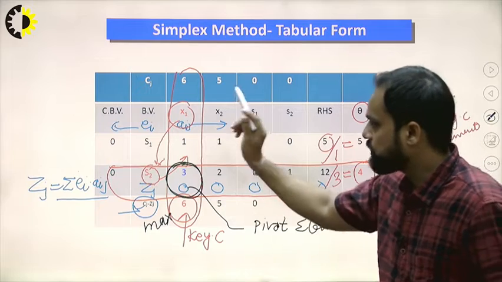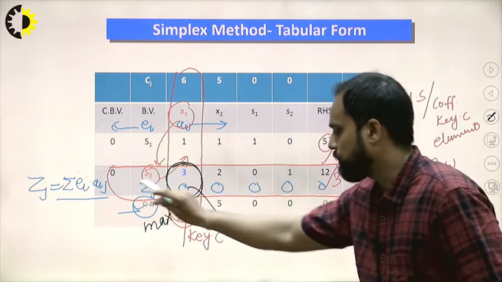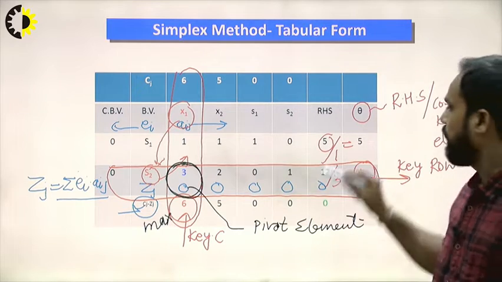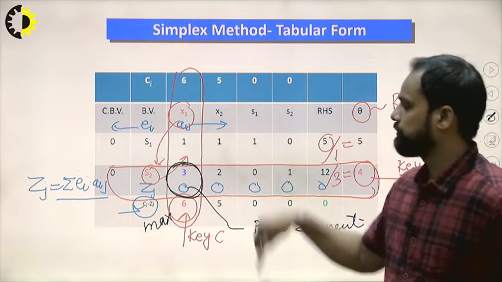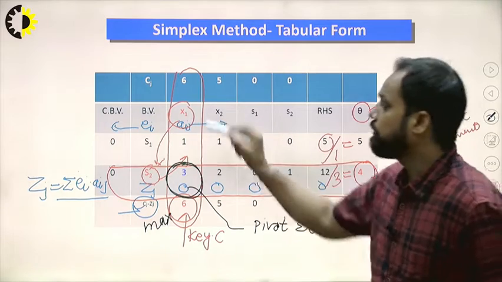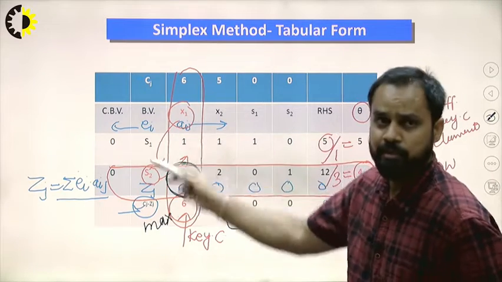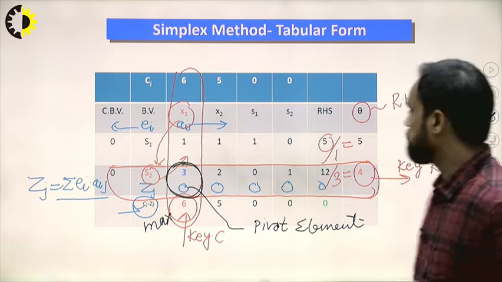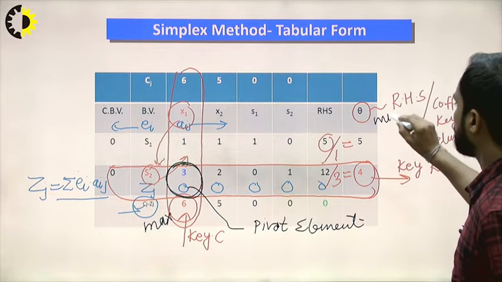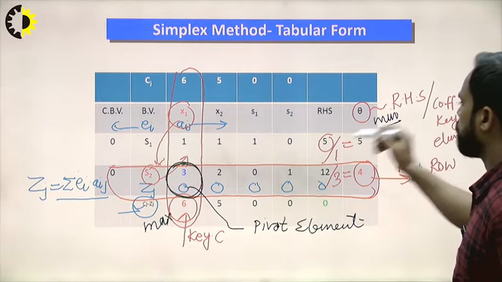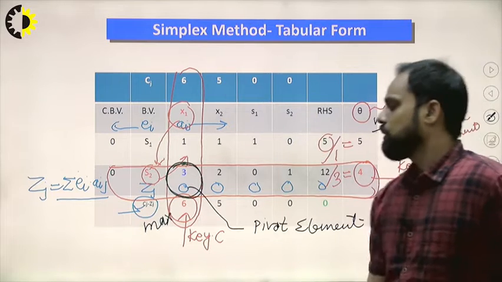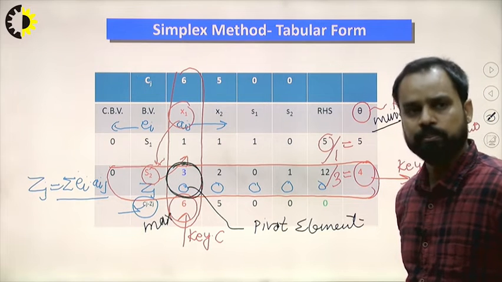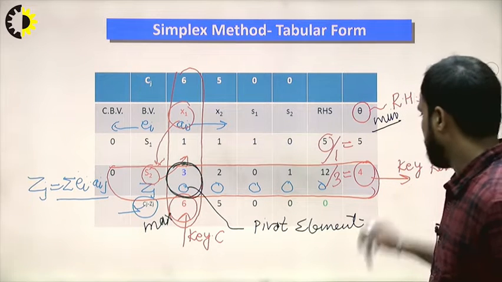So which non-basic variable will enter? It is decided on the basis of the maximum value of Cj minus Zj. And which one is leaving from the basic variable table to move to the non-basic table? It is decided on the minimum value of theta, the ratio of right hand side to the coefficient of the key column element.